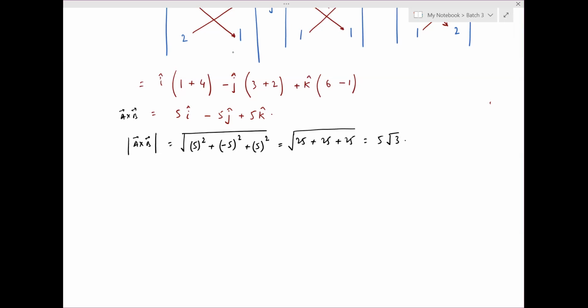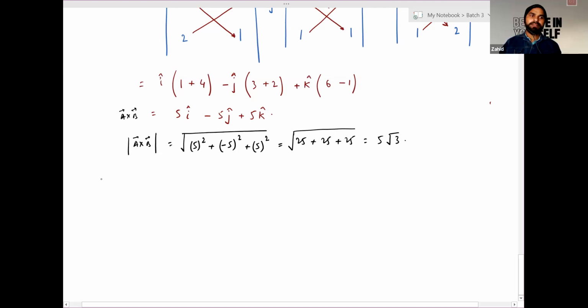Yes. Okay. Now there is some condition related to this cross product, which is called the condition for collinearity. Collinear means if three points are aligned in a straight line, or if you have two vectors coinciding on one another, it will be termed as collinear.